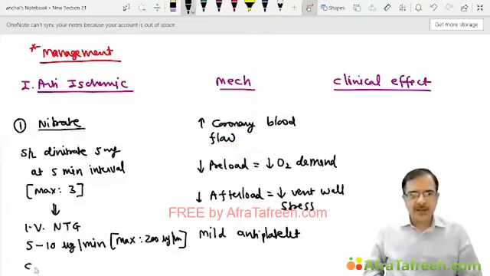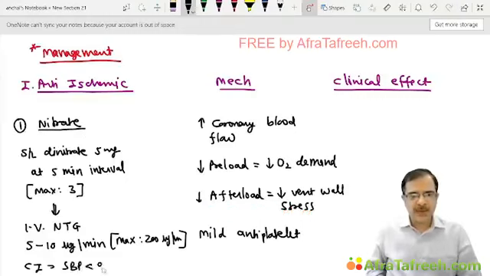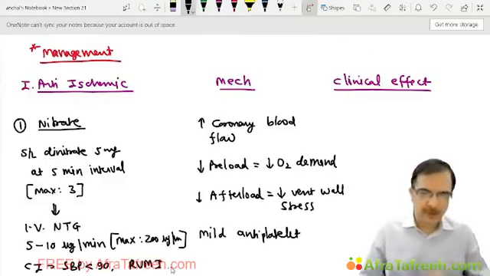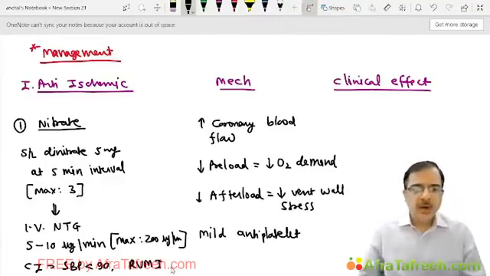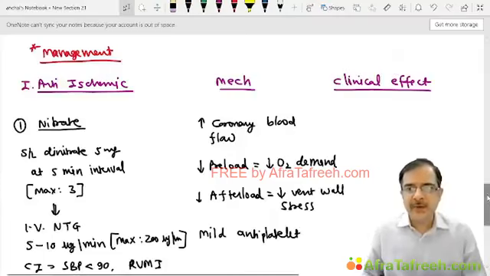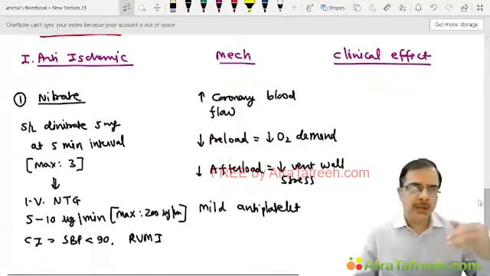Now, the important contraindications where it should not be given: systolic BP of less than 90, and if right ventricle MI is there, because right ventricle MI needs preload, and nitrate will reduce the preload there. Now, what is the clinical effect in terms of mortality?